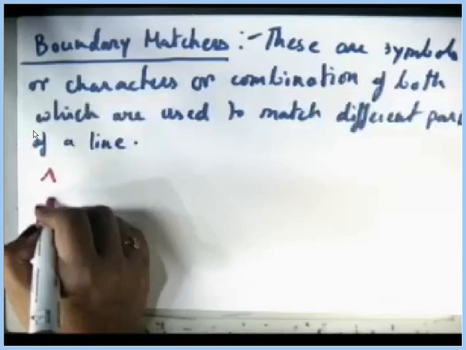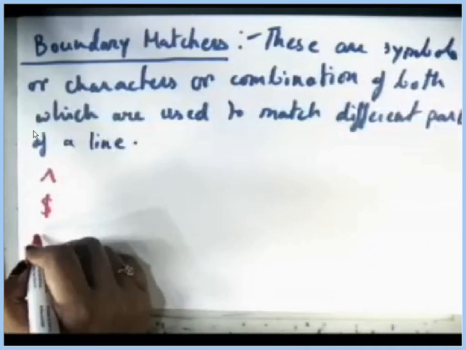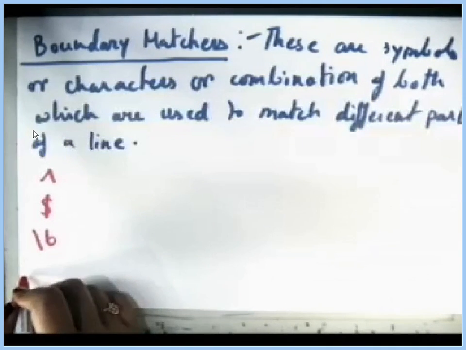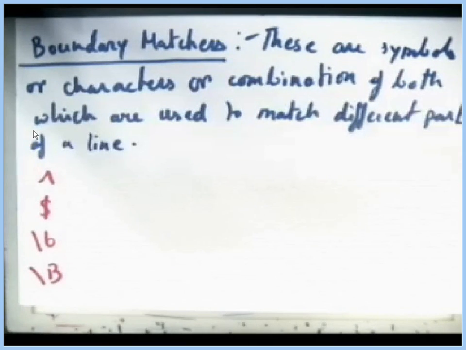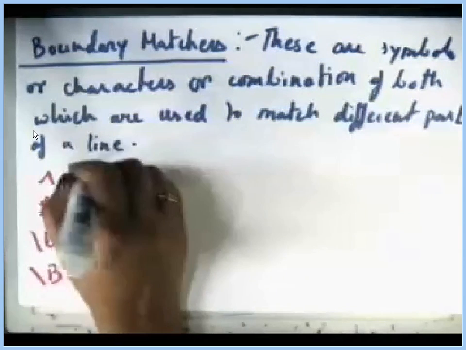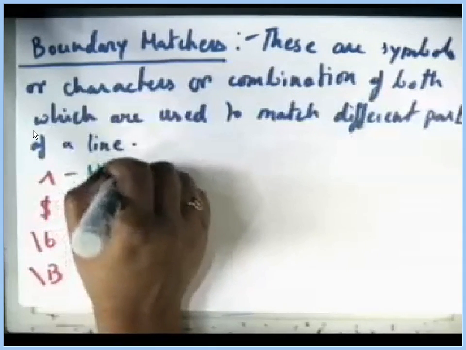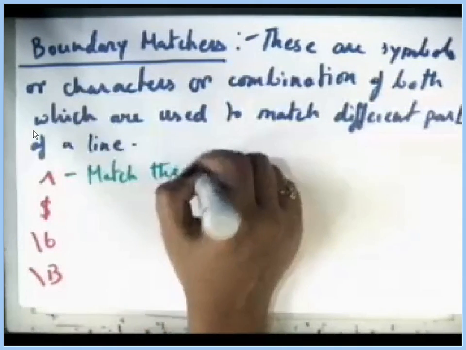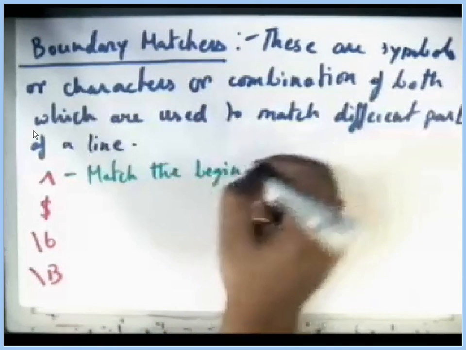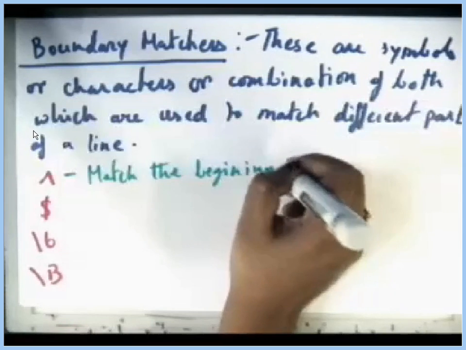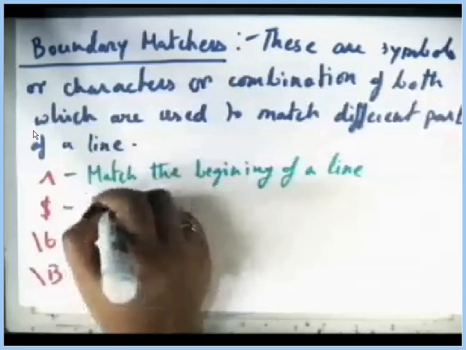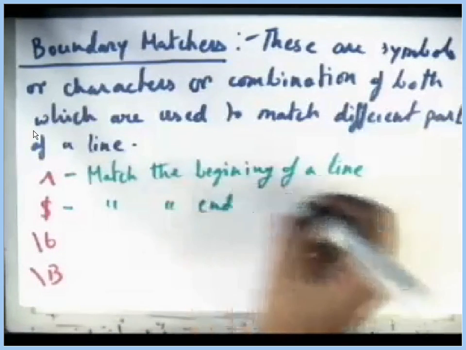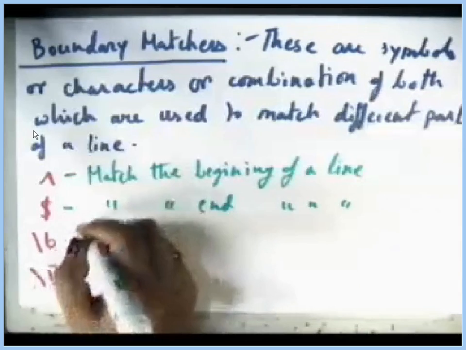So what are these? Exponential symbol, dollar symbol, slash small b, slash capital B. If it is the exponential, it will match the beginning of a line. It will match the end of a line if it is dollar.